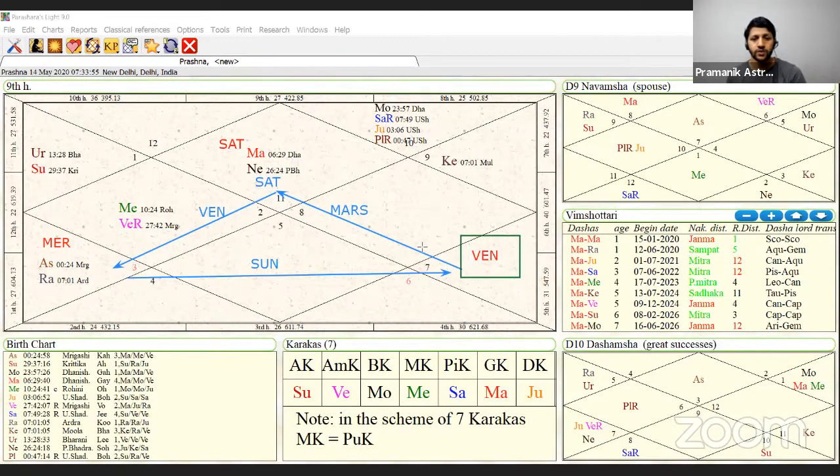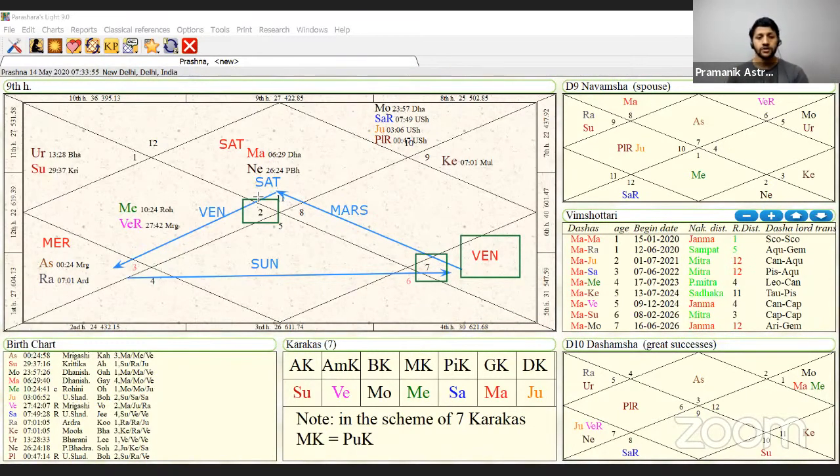Because Venus is ruling the 9th house, trinal house, and a Kendra house. So a standalone placement of Venus or association of Venus with any of these planets will be considered a great yoga, a great Raj Yoga by placement.